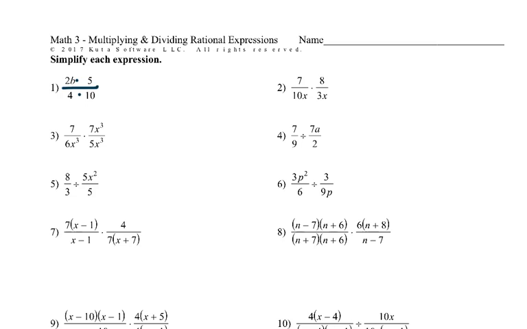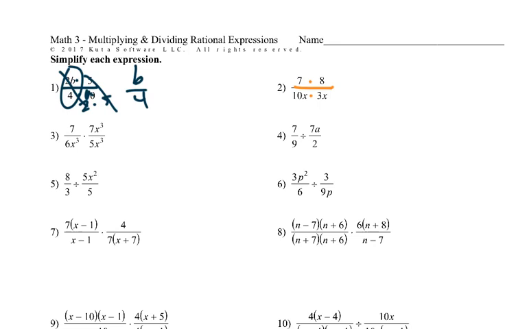I can see 10 is like 2 times 5, so that would eliminate those, which eliminates our 10, so we're left over with b over 4. That's what I like to do when it's multiplication: draw the line here and make sure I'm looking to multiply those pieces. Then I try to see what I can eliminate.